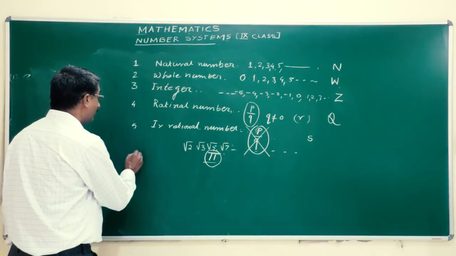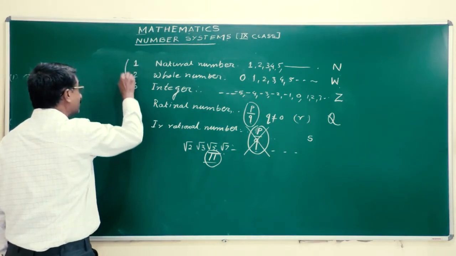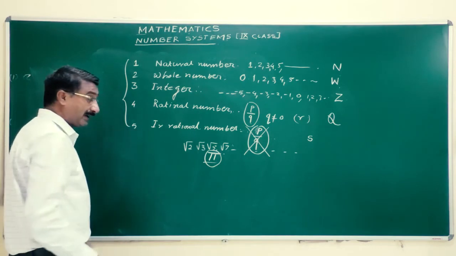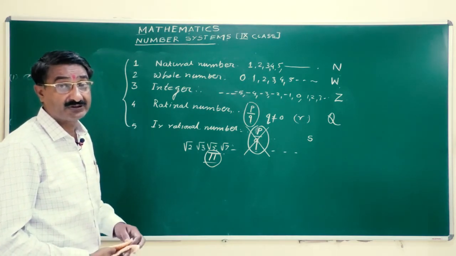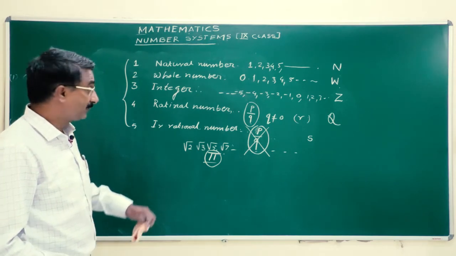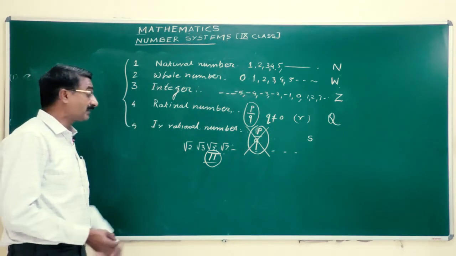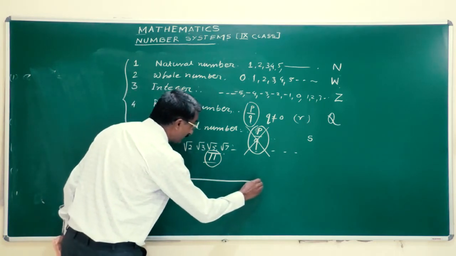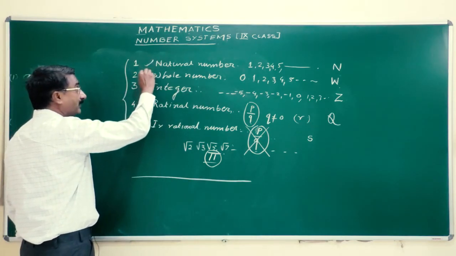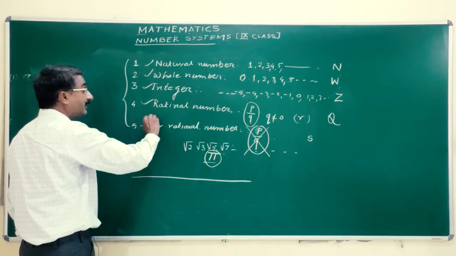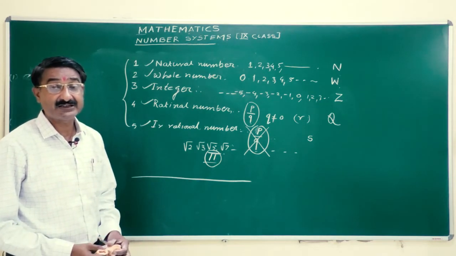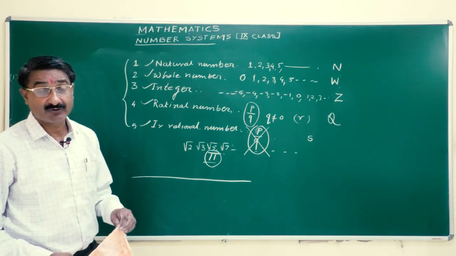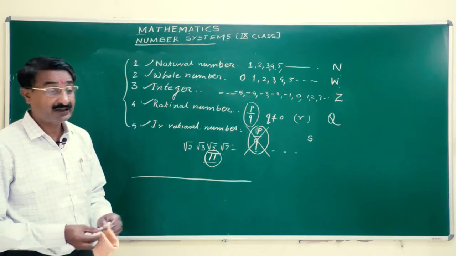So, now all these numbers must have their own positions on the number line. Means all the natural numbers, whole numbers, integers, rational and irrational numbers have a fixed point. Each number has its own fixed position on the number line.